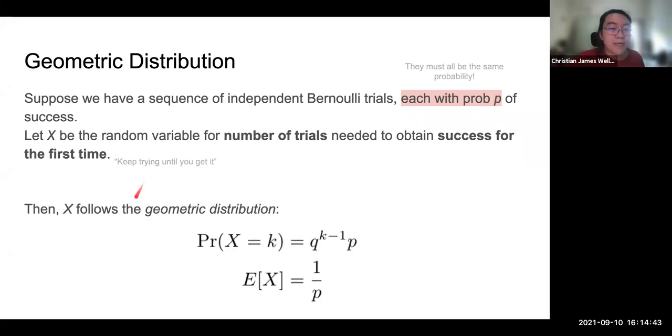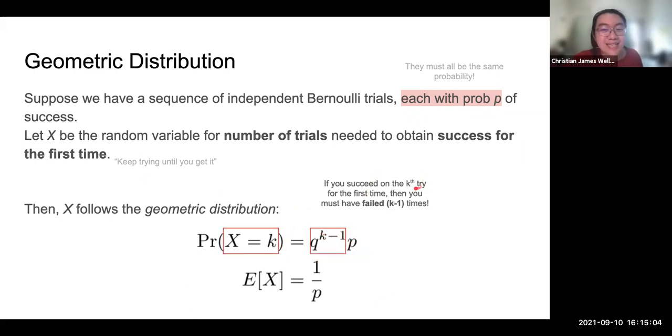So X follows this geometric distribution, and this is how it's denoted. Probability of X equals K is this: you are failing first. If you needed K tries, you have to fail K minus 1 times first, and then succeed finally.